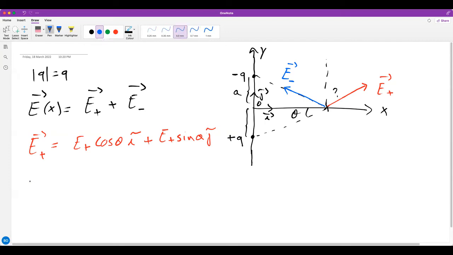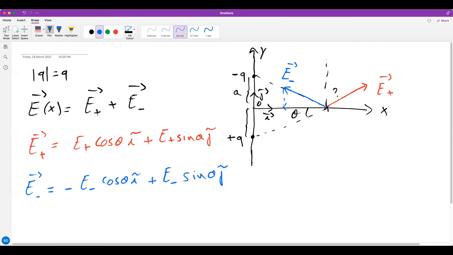The same thing, we can easily see that E minus will be equal to minus E minus cosine theta i. So it has a negative component along the x-axis, and it has a positive component along the y-axis.